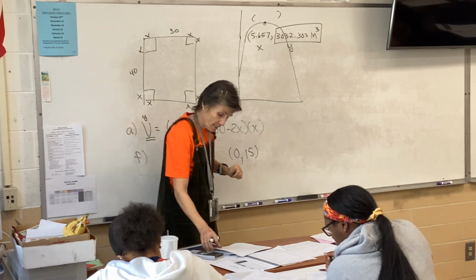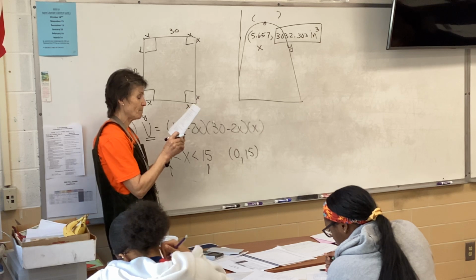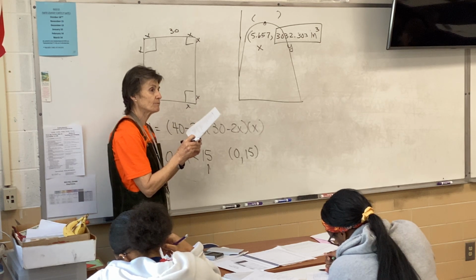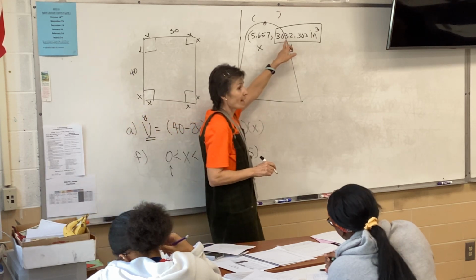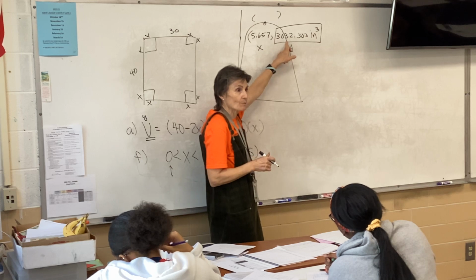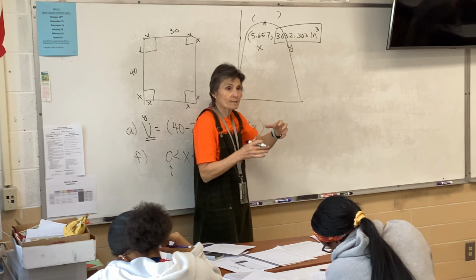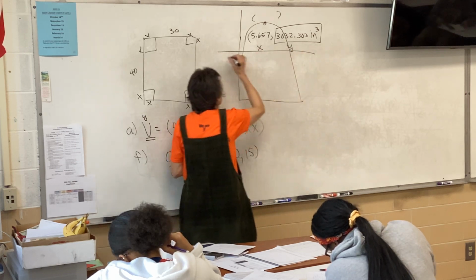Okay. D. What size would the corners be to have a box with a volume of 2,000? All right. Clearly our maximum is more than 2,000, right? But I could cut out other corners and have a volume of 2,000.